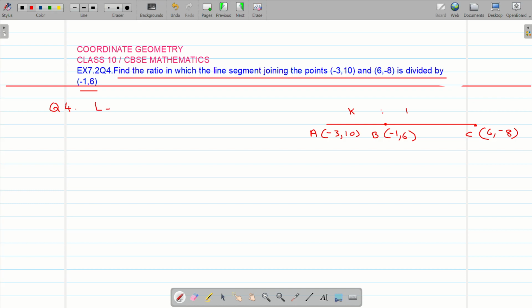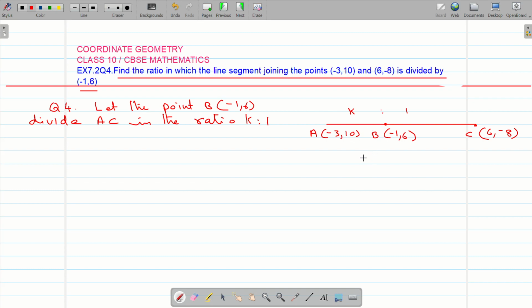Let the point B, -1, 6, divide AC in the ratio k:1.